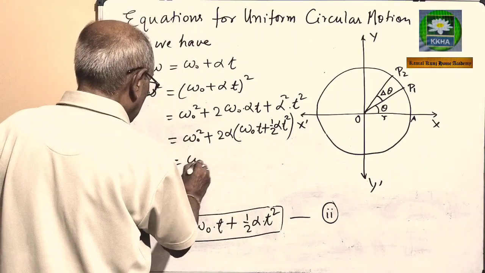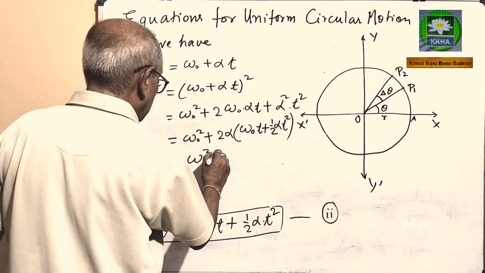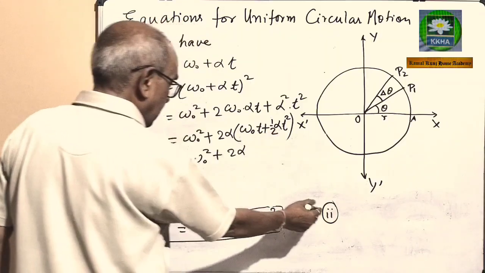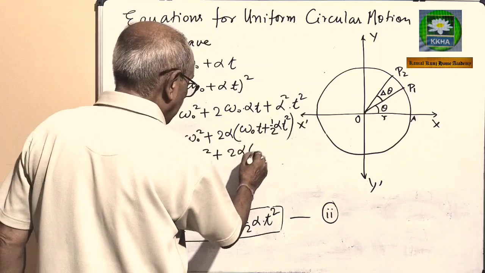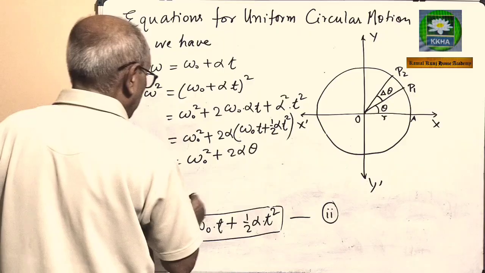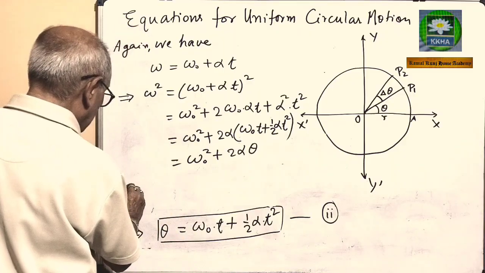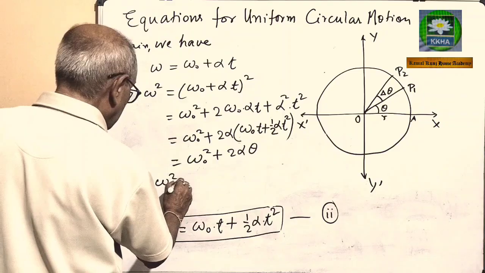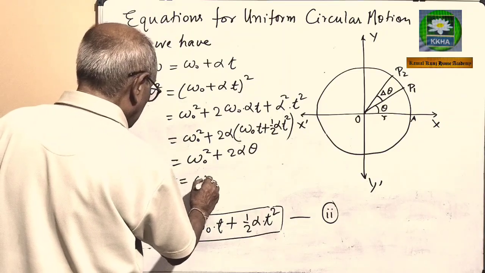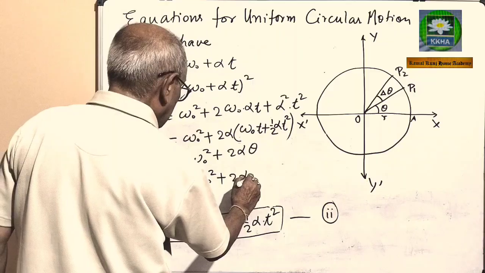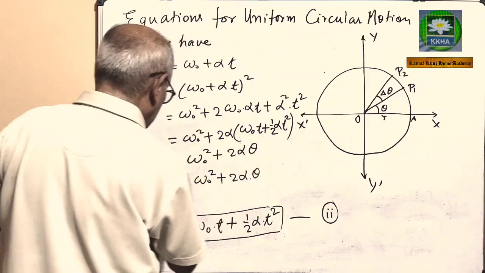This is equal to omega naught square plus twice alpha, and this is from equation 2, this is theta, the angular position. This implies that omega square is equal to omega naught square plus twice alpha theta.